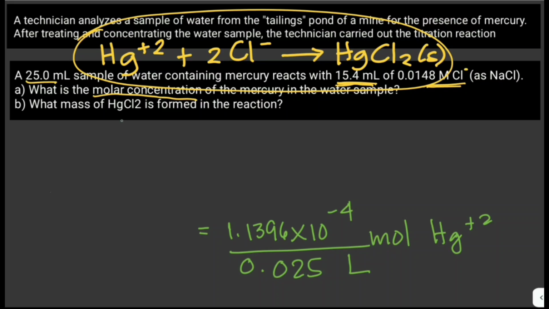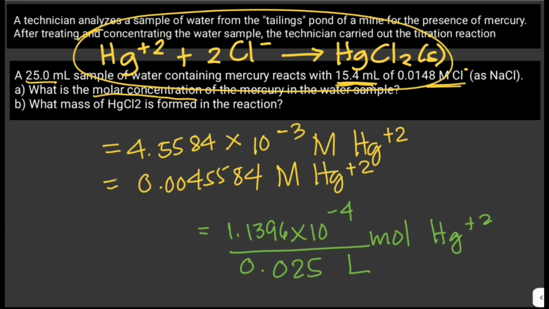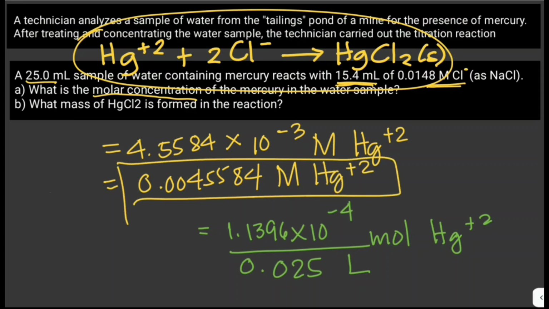Okay, then we get 4.5584 times 10 to the negative 3 molar mercury. We can write this as 0.0045584 molar mercury. So this is the answer for letter A.